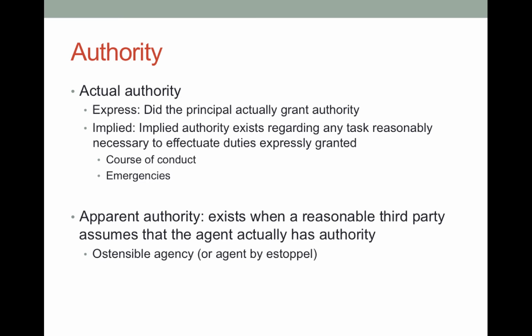In other words, there was an agreement between Laura and First Insurance that she would act at the insurance company's benefit under their direction or control, so she was an agent, and she had authority to raise Jonathan's coverage. What kind of authority did she have in this hypothetical? She had express authority. The First Insurance Company specifically told Laura that she was authorized to raise the limits by that amount.